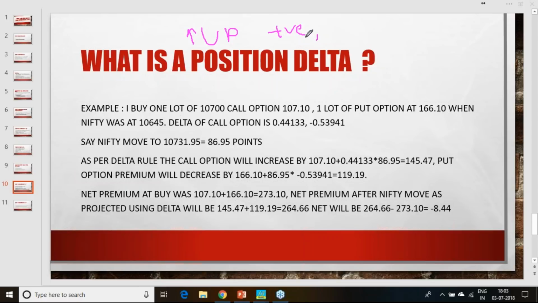Once you use option delta, or an option strategy or option position, it goes along with the trend analysis. Along with the trend analysis, you are also doing money management. You are adding one more component to your trading strategy, which is money management. If you just look at the trend and enter a counter for a buy or sell with a stop loss, you do not have any money management.